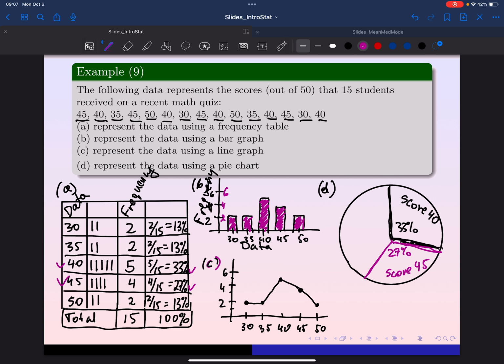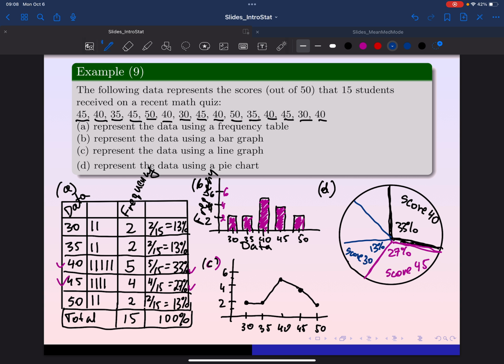And then we have all three equally divided, 13, 13, 13. So this remaining part we can equally divide into 3, and each of them would be 13%, right? So if we roughly equally divide them, then we can mark 13%, and this is score 30.